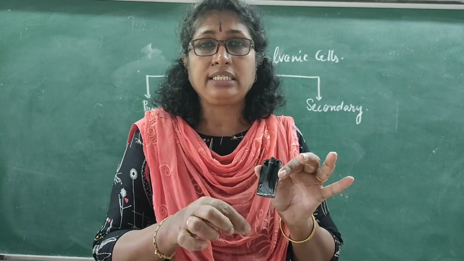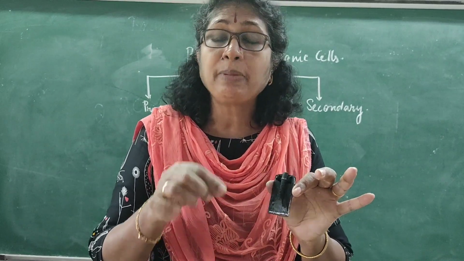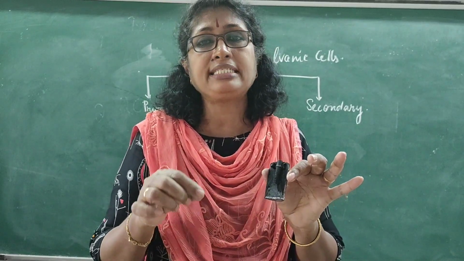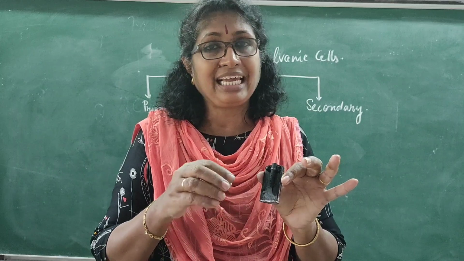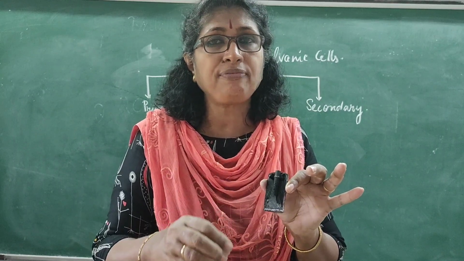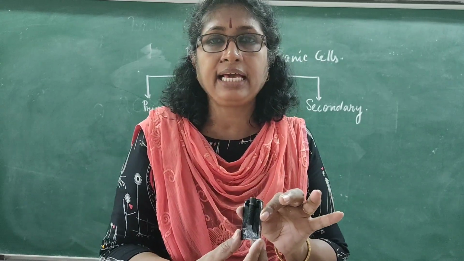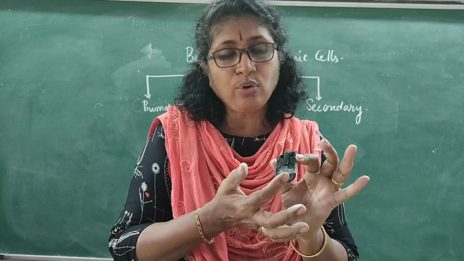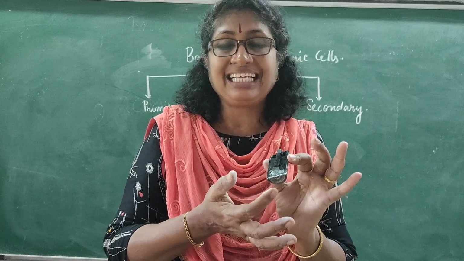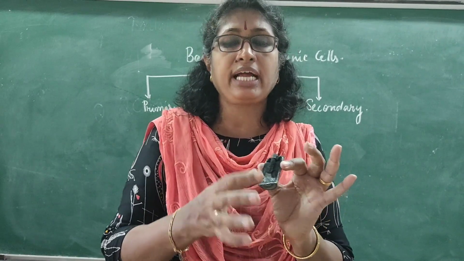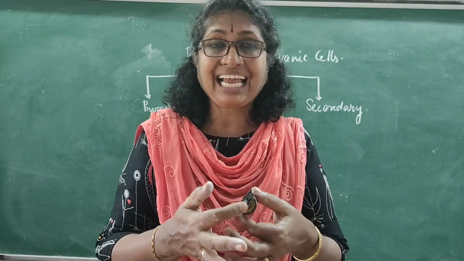Now what is the electrolyte? The electrolyte is a moist mixture of ammonium chloride and zinc chloride, all filled here. At the anode, what is happening? Oxidation. The zinc will be oxidized to zinc ions. And what about the cathode?